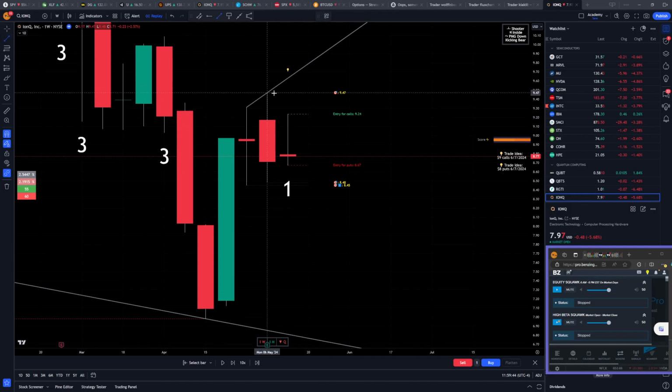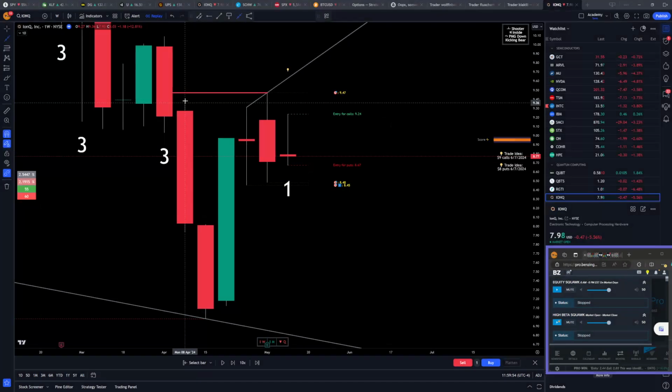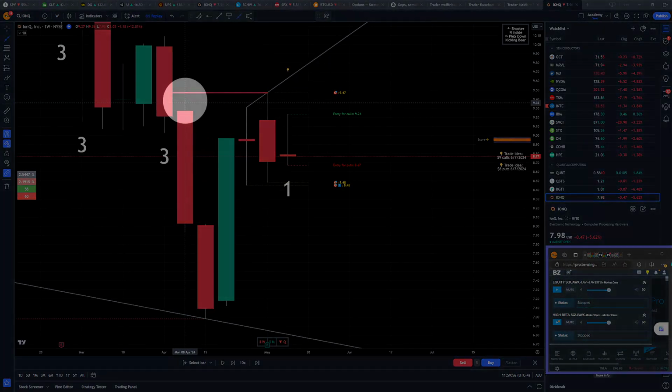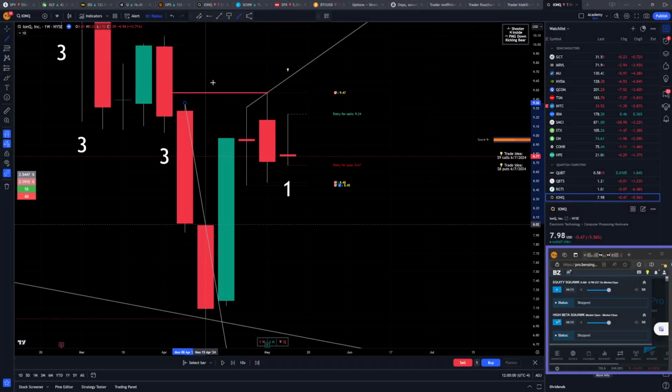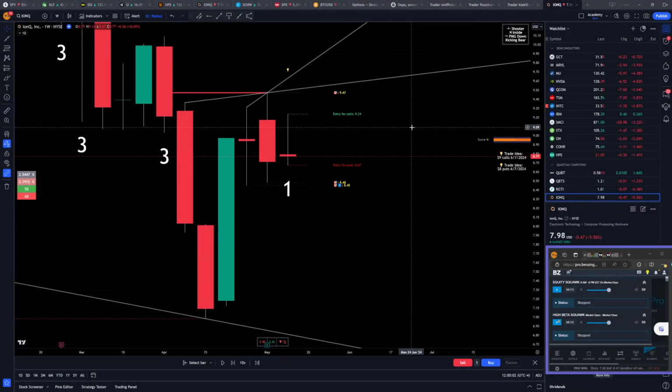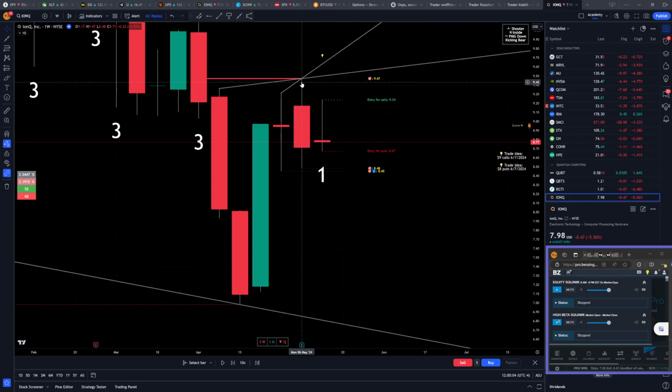We can go back in time from here, go backwards again, find the most recent high that was taken out, which is this one right here, and connect that dot. So after that, we get our actionable signal.